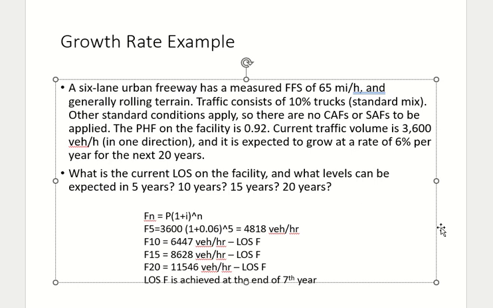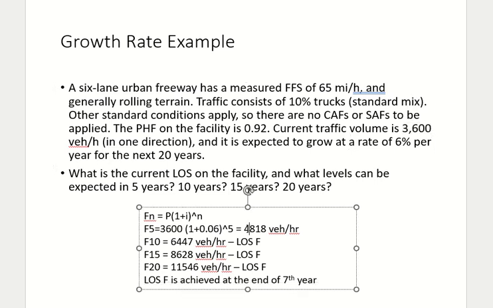Now you have one volume and four more values here. You know how to calculate level of service from the previous examples, so do it using each of these volumes as your practice. I will use another method.